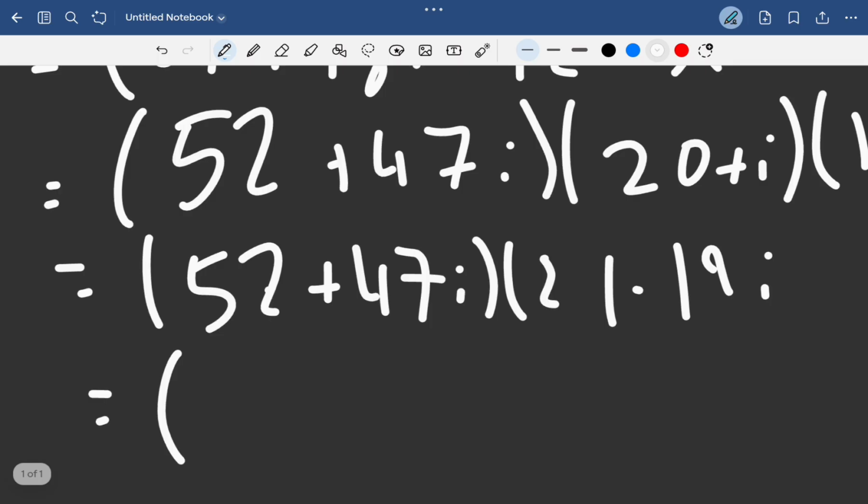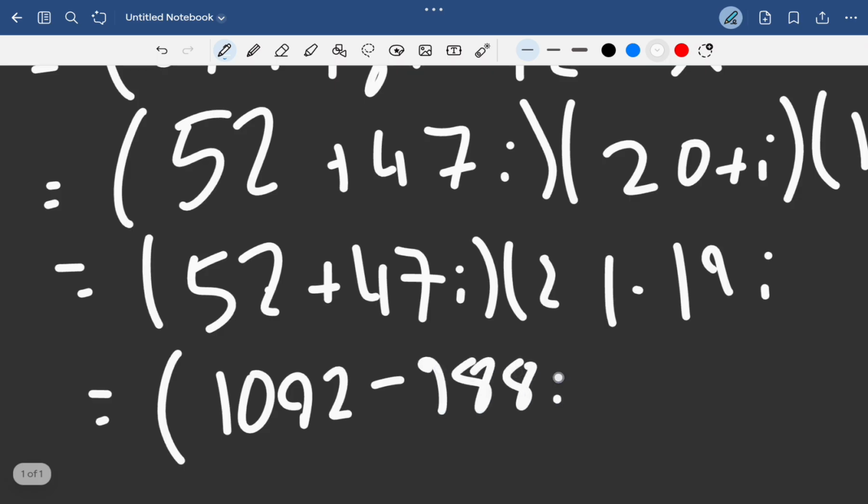And then we're adding another 52, so this is 1092. 52 times minus 19i. 52 times 20 is 1040, and then we're taking away 52, so we're taking 12 from 1000, so that's minus 988i. 47 times 21, well, 47 times 20, that is 940. Plus 47 is 987. That's plus 987i.